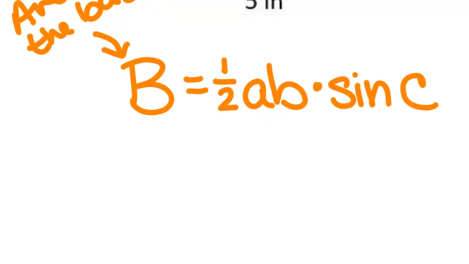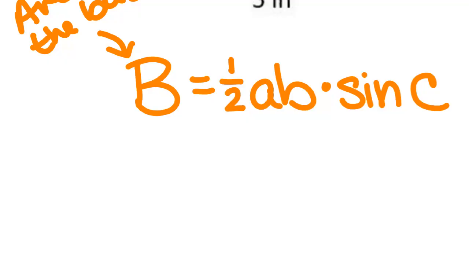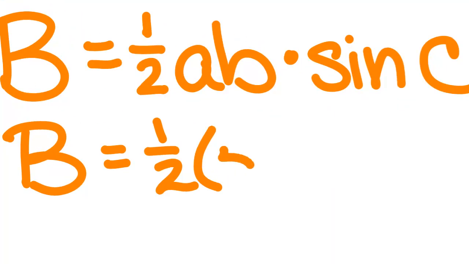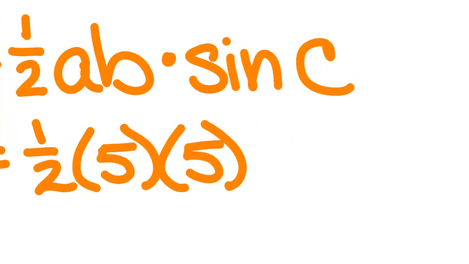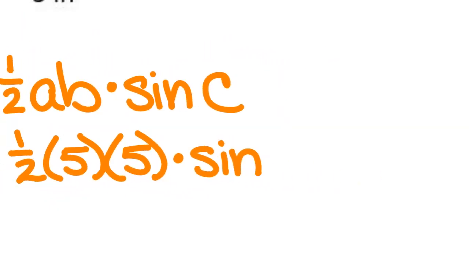In for A and B are my sides. How big are the sides that we know of on this triangle? 5 and 5. So we're going to put 5 in for A and 5 in for B because both sides have a length of 5. Times the sine of the angle in between them.